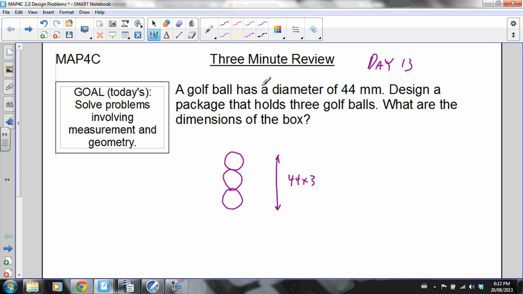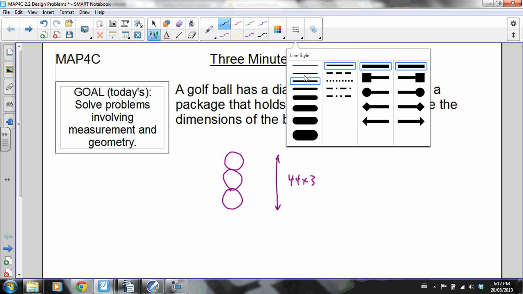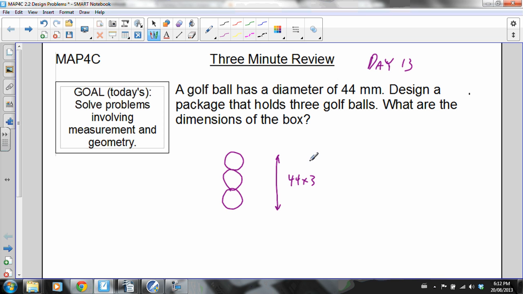So instead of 44, I'd say we'd want to use maybe a box that's 45 for each ball, because then we've got a little bit of room for error, both in the manufacturing process, the packaging process, and the shipping process, all that sort of thing. Instead of having the ball touch the outside, that can probably cause all sorts of problems.